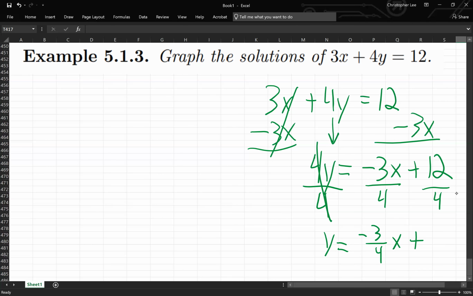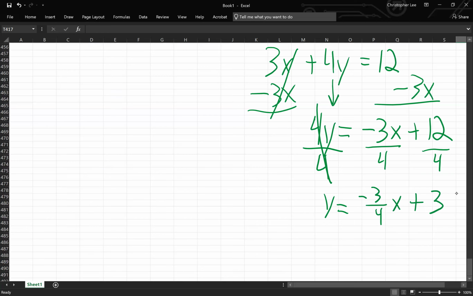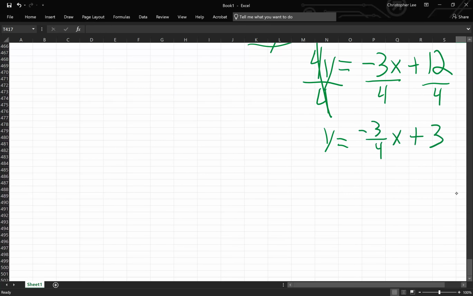It's 3. Okay. So now I want to graph this, but before I can graph this, I need to find two values, right? So I have x and I have y. Now, if you're thinking like me, what two values am I going to plug in for x here?